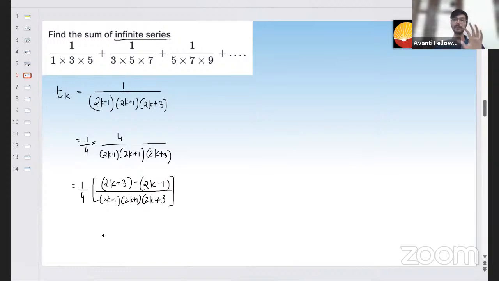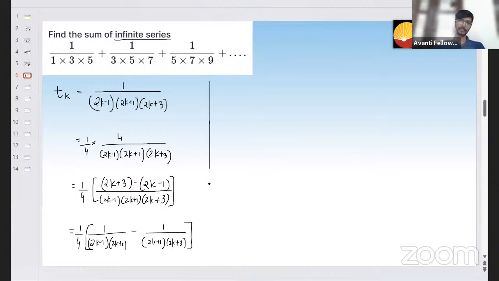Now I am ready to split the numerator. So if I split the numerator, I'll get something like 2k plus 3 will get cancelled. So I'll get 1 upon 2k minus 1 into 2k plus 1 minus 1 upon 2k plus 1 into 2k plus 3. Now, what difference does it make?